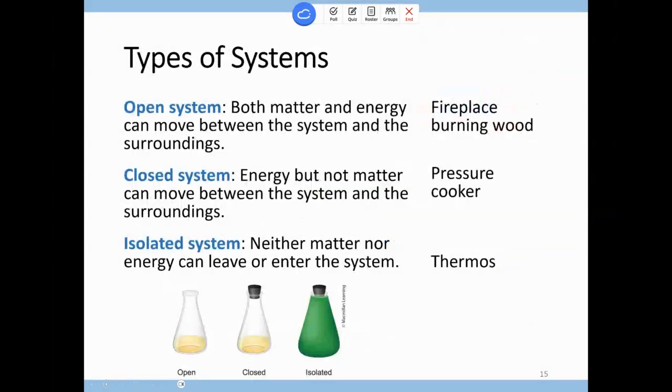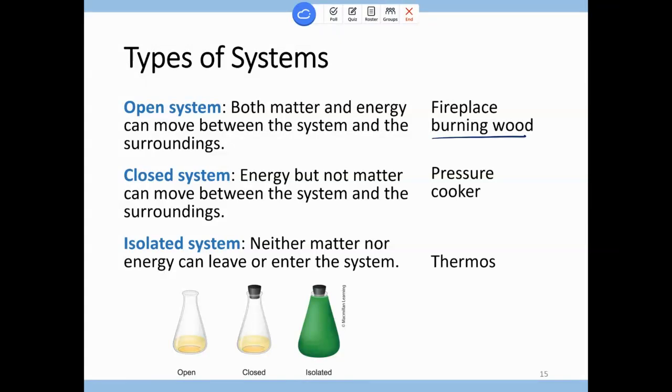Our next slide describes three types of systems. An open system is a system where both matter and energy can move between the system and the surroundings. An example you might be familiar with is burning wood in a fireplace. Burning wood is a combustion reaction, so we're burning the carbon molecules in wood with oxygen in the atmosphere, which produces carbon dioxide, a gas that is released to the surroundings.